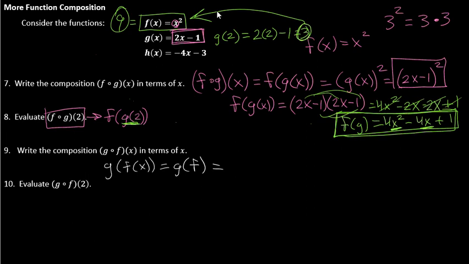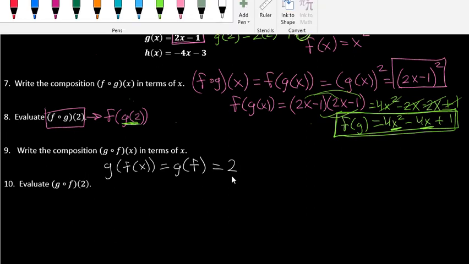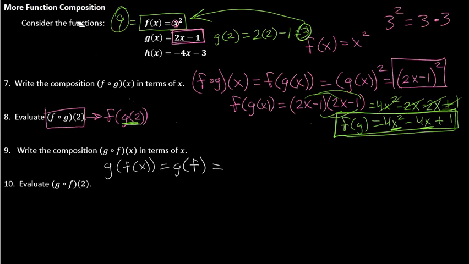So g is 2x minus 1. And f, I'm just going to transfer my stuff down here so it's right where you can see it. F of x is x squared.